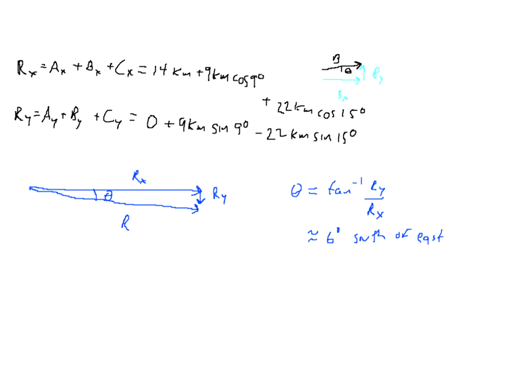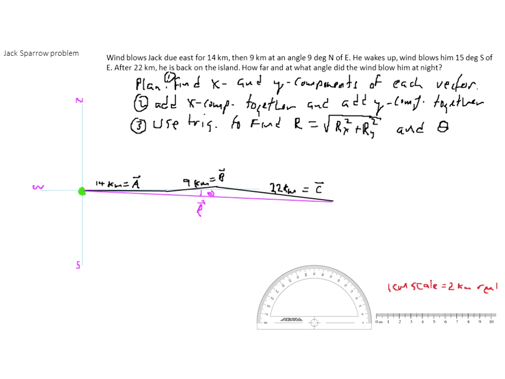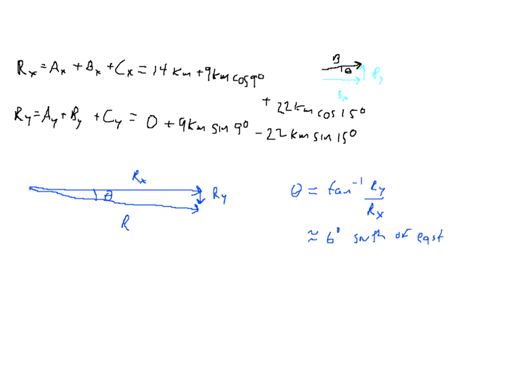So folks that are watching, I don't know if you have any questions about this one. The most likely place to make a mistake, there are a lot of places where you could make a mistake. I would say the most likely place to make a mistake is on this right here, where you add the y component for the 9 kilometers, but then you subtract off the y component for the 22 kilometers.